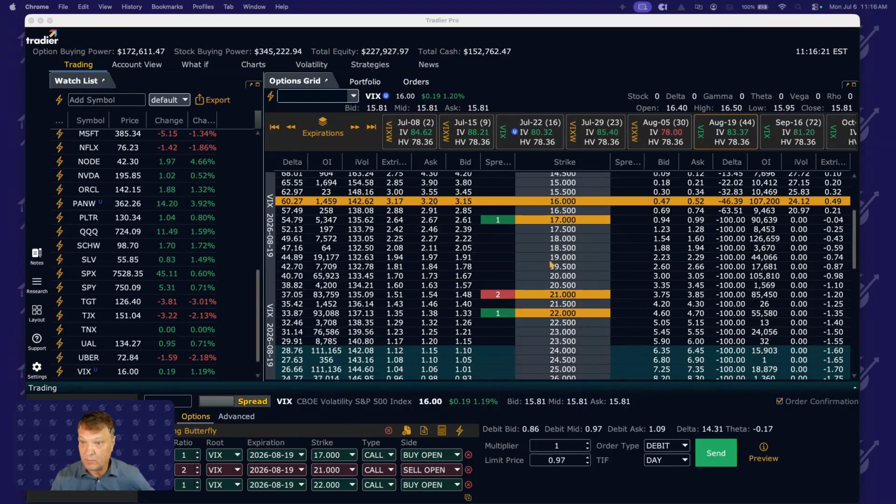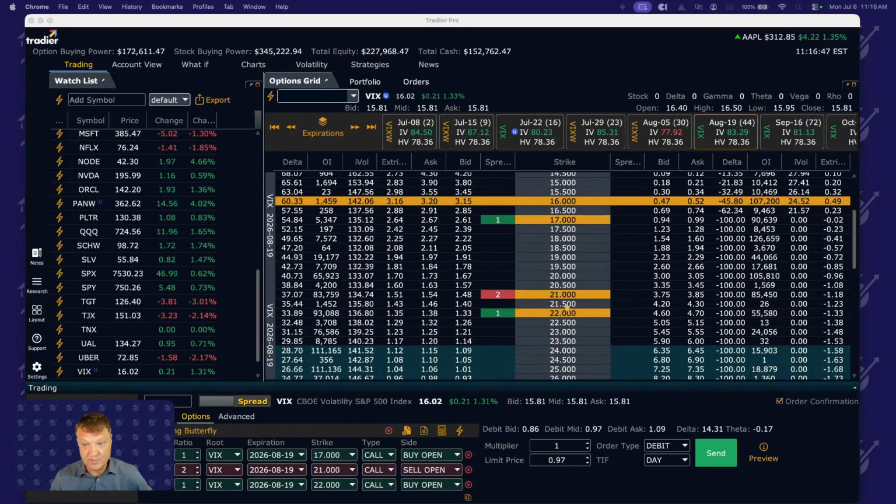That's where the futures that represent this expiration are. We're going to go a little bit in the money relative to the futures and buy the 17 strike, go up to the 21 strike and sell 2 of those, and then stop short on the next option contract. And we're going to buy 1 of the 22 strike calls.